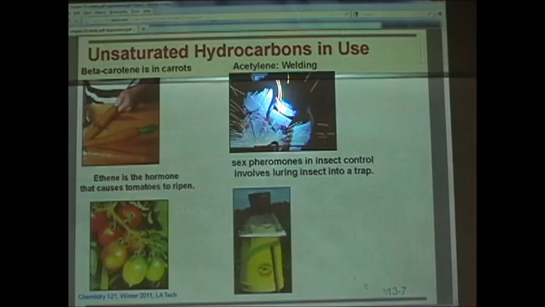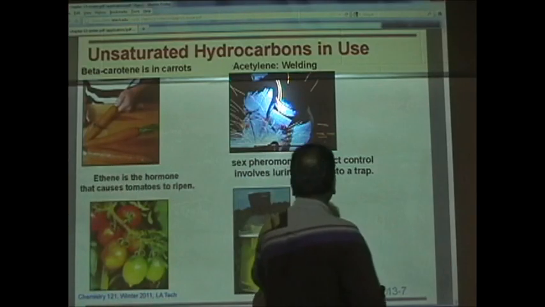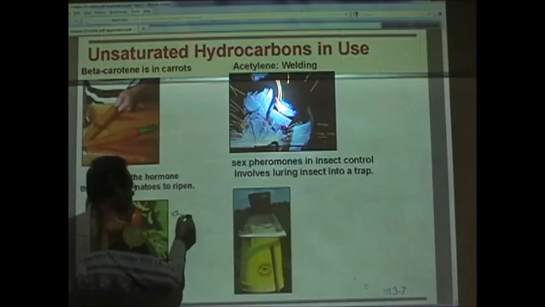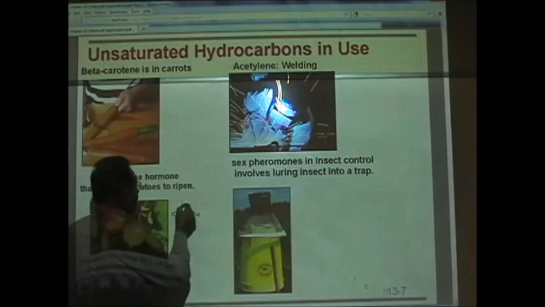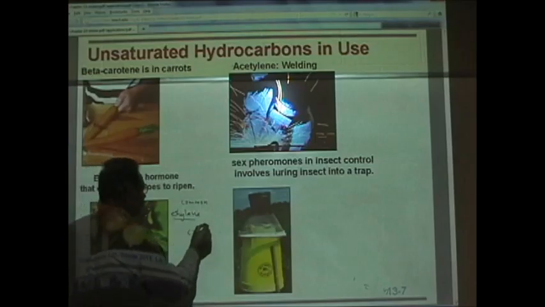They pluck green tomatoes and transport them to the grocery store, and the grocery store has a room where you can gas them with ethene. Ethene is ethylene. Ethylene is the common name, the IUPAC name is ethene. The structure is this, the simplest alkene.